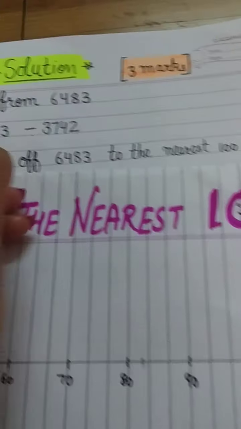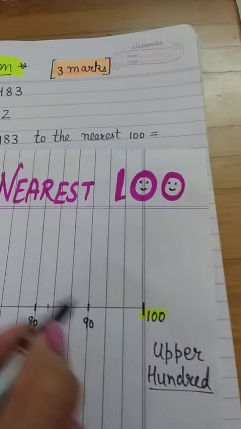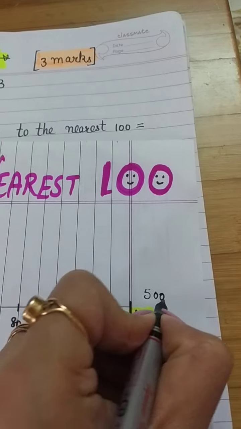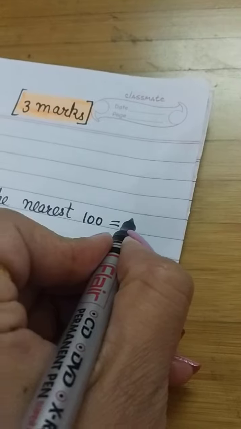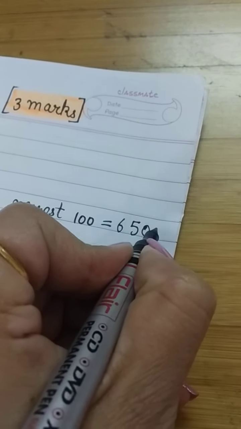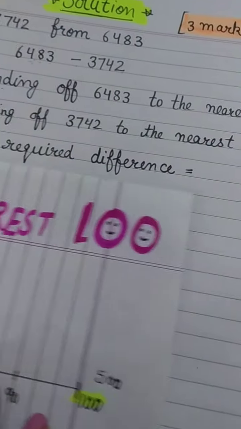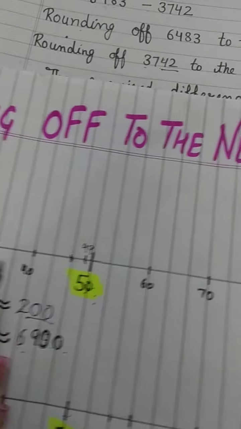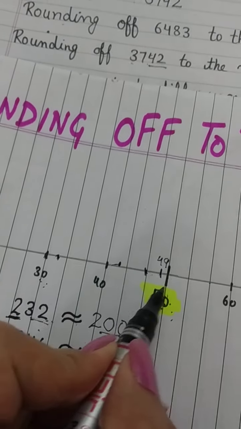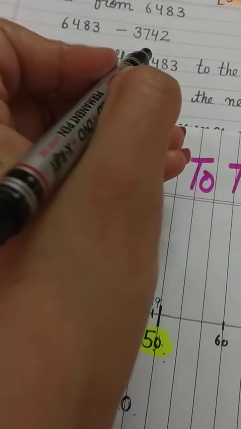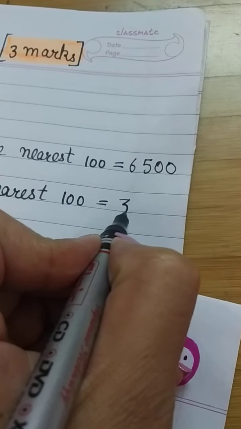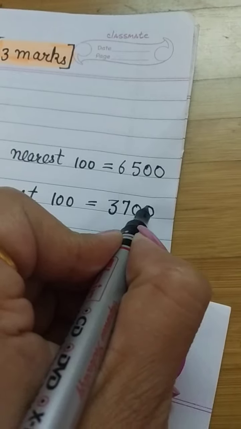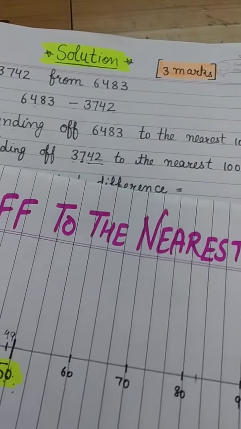The upper 100 of 400 will be 500, so it will become 6,500. Similarly, 3,742: 42 is smaller than 50, so it will go to the lower 100, the previous 700. It will become 3,700. Hope you understood rounding off both numbers.